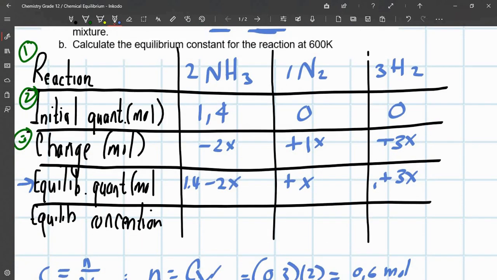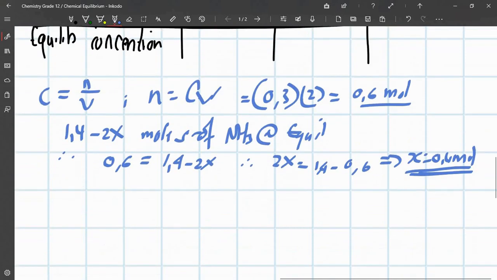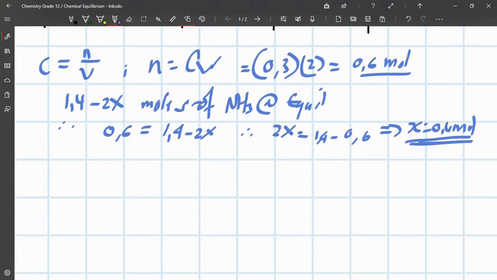So from that, we're going to get that from the equilibrium quantity, in moles. So we have x and 3x. Okay, so let's calculate that. We're now calculating N2 concentration at equilibrium.